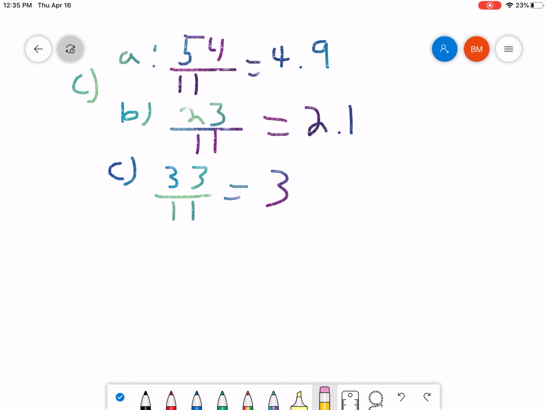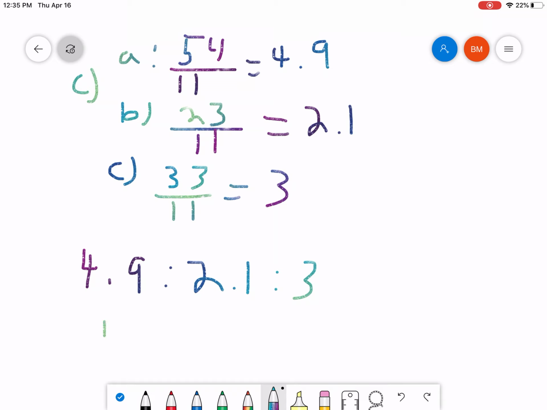So we end up with a ratio of 4.9 to 2.1 to 3. Now this is close enough where we can round.